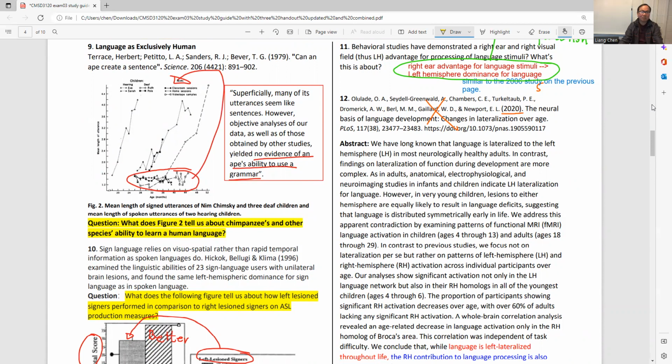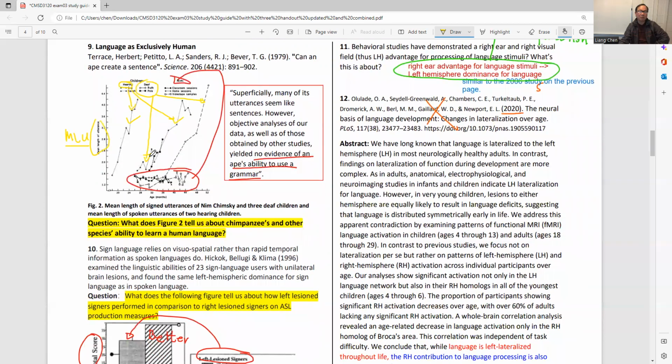If you look at number 9, basically, you need to know where to find the answer. The question is, what does figure 2 tell us about chimpanzee and other species' ability to learn a human language? This is MLU, mean length of utterance. These are the hearing children, and then there were also deaf children here, another deaf child here.